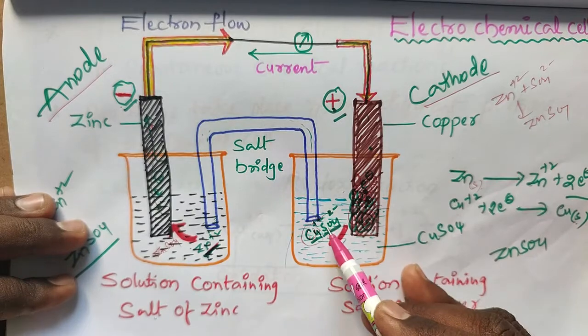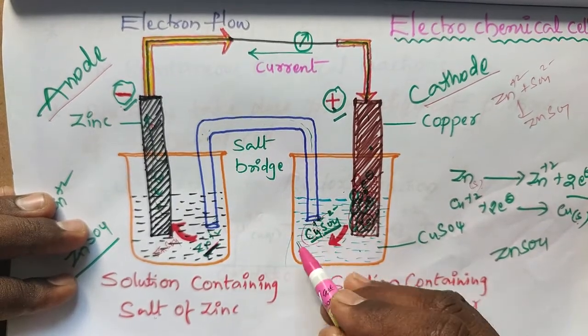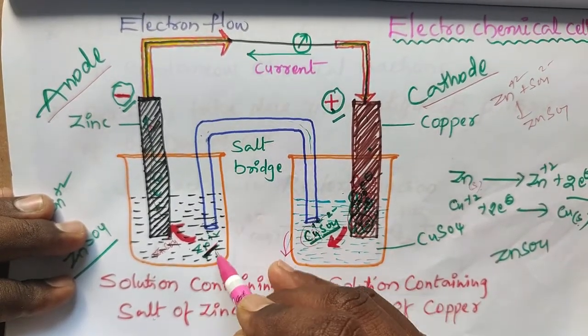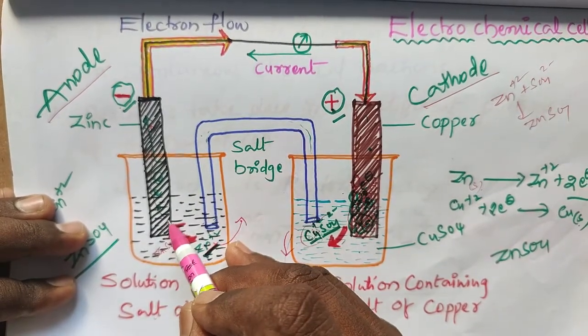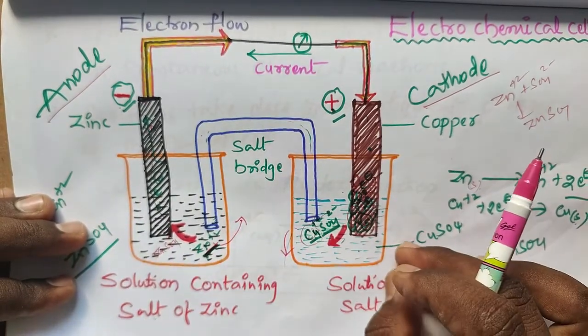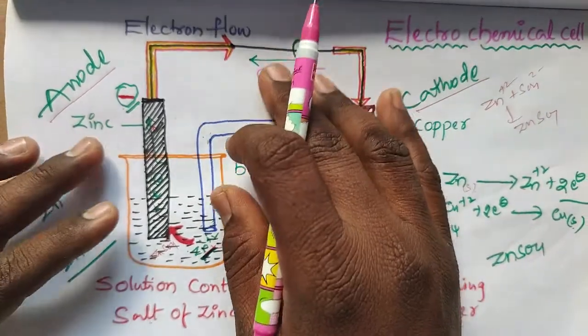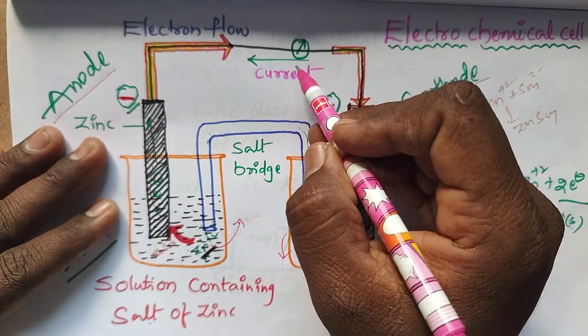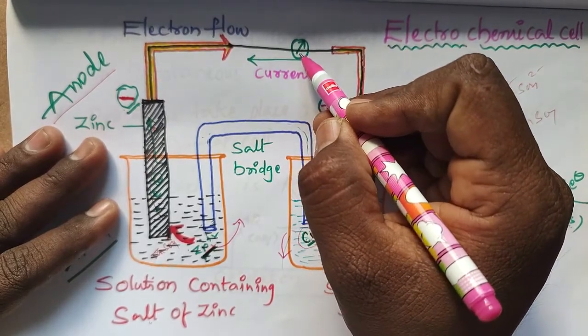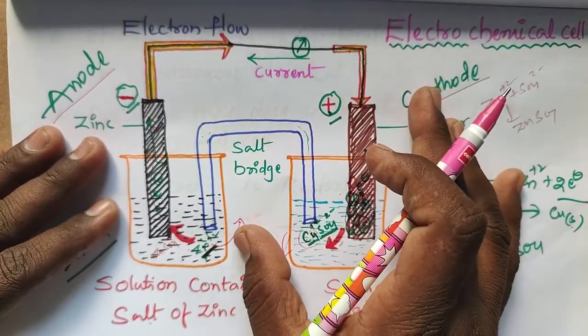So the Cu2+ concentration decreases and the Zn2+ concentration increases in this cell. During the chemical reaction, we find how much electricity is produced using a voltmeter. This is the principle.